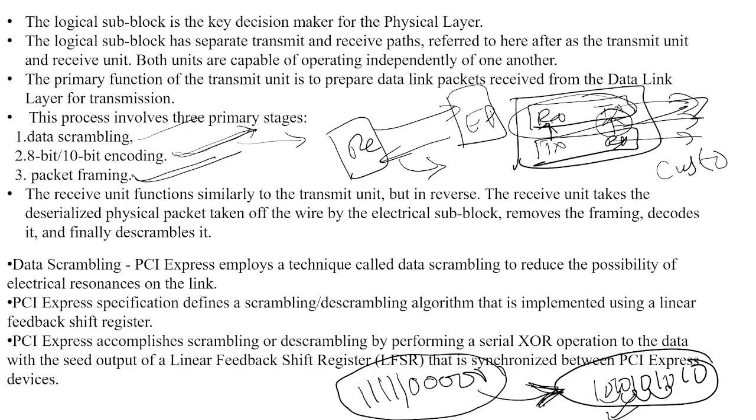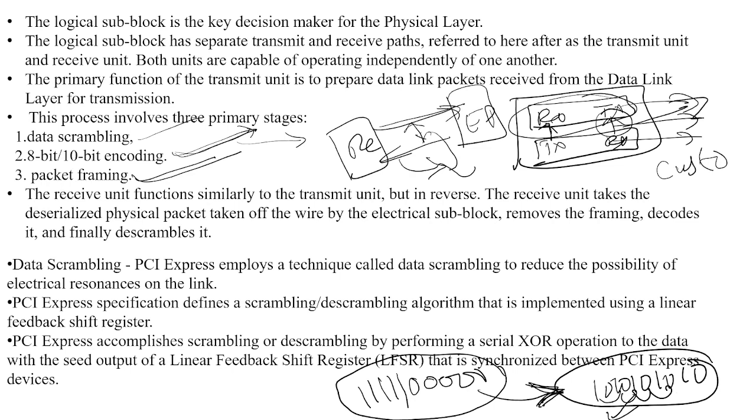So that is using this encoding block. One more is data scrambling. Data scrambling is needed because we have lanes with very short distance between your transmitter lane and receiver lane. By using scrambling, you can eliminate inter-symbol interference and crosstalk.